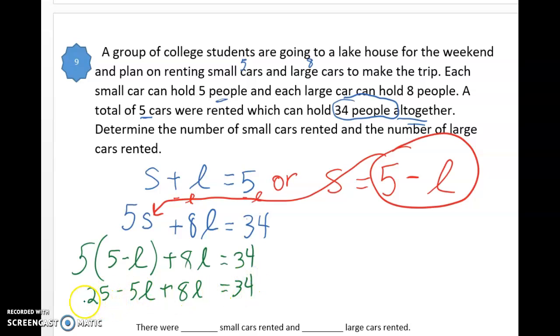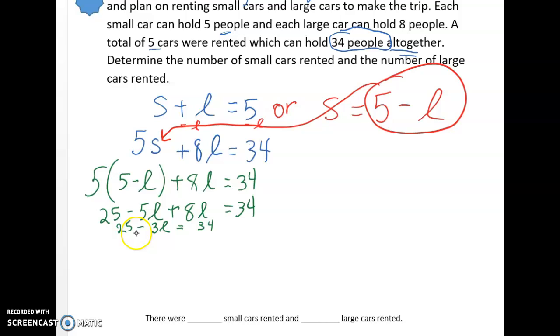Continue solving by, I'm going to next combine my like terms. Negative 5L plus 8L is 3L. Rewrite. So then I end up with 25, take away 3L equals 34. Continue solving.